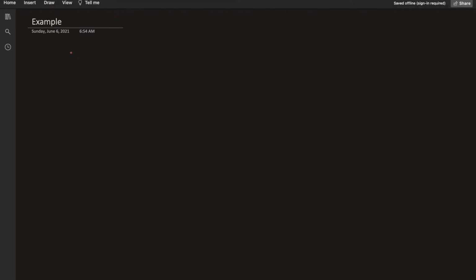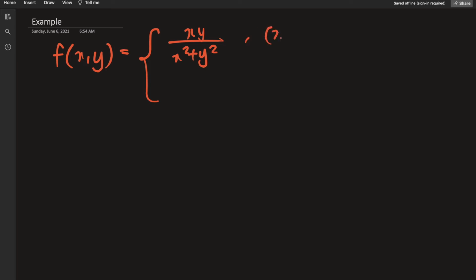So let me do an example just to drive home the point. If we have f of xy, some function which is defined as follows. It's xy divided by x squared plus y squared when xy is not equal to 0, because if you want to calculate the limit at 0, it doesn't exist, because it depends on the direction of approach.